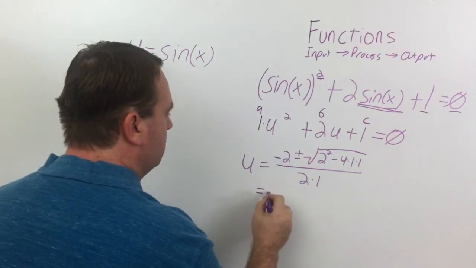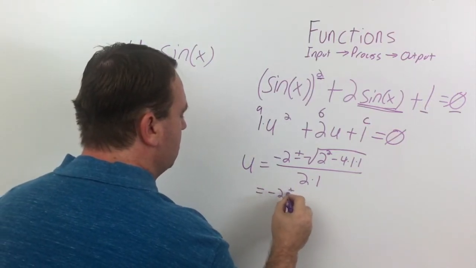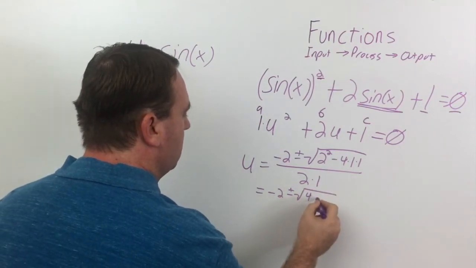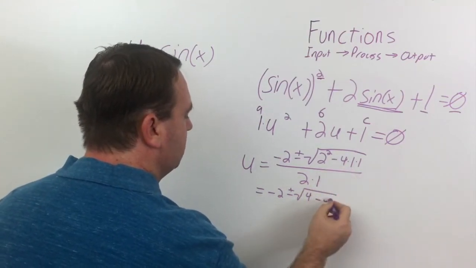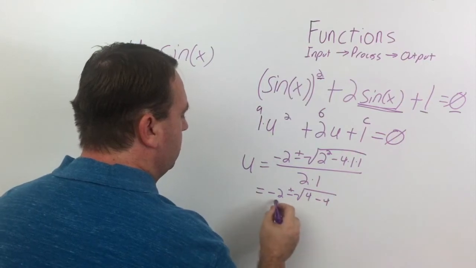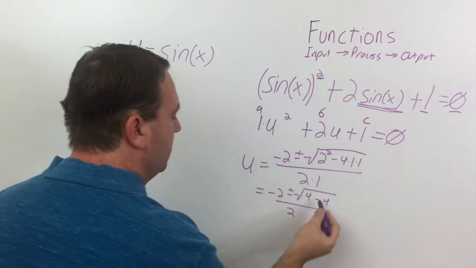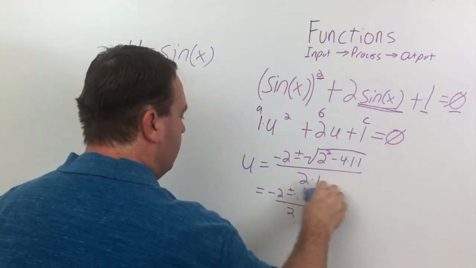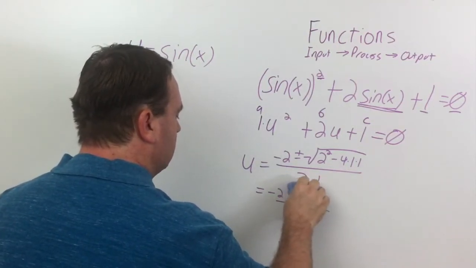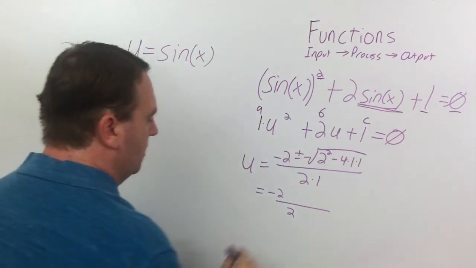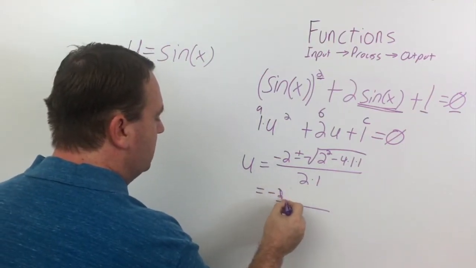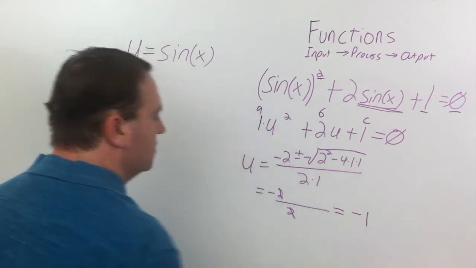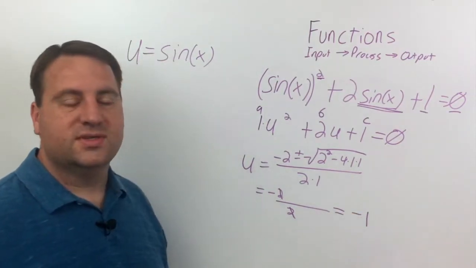And that is equal to negative 2 plus or minus the square root. 2 squared is 4, 4 times 1 is 4, all over 2. Now this becomes 0. So adding 0 to something or subtracting 0 from something does nothing. Negative 2 over 2, these cancel, yielding negative 1. So u equals negative 1.